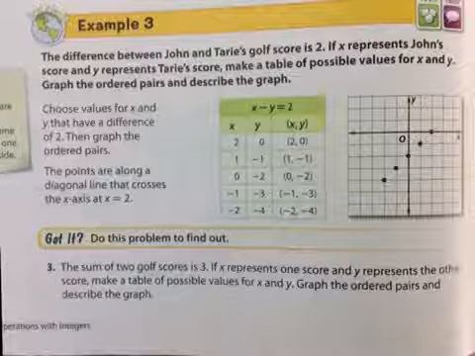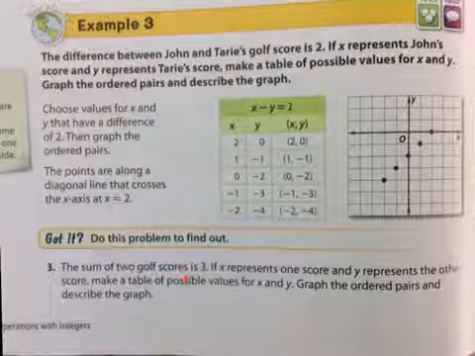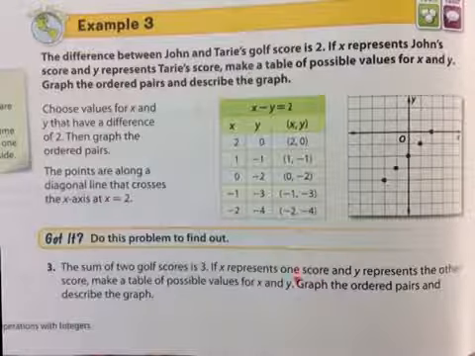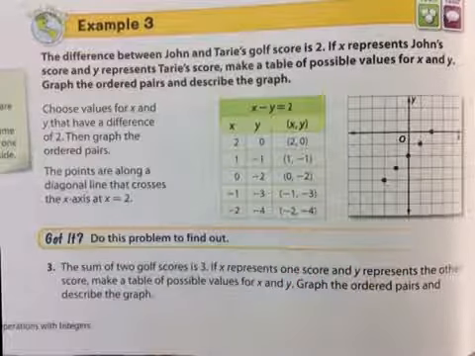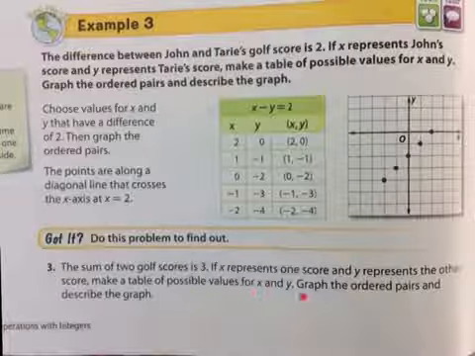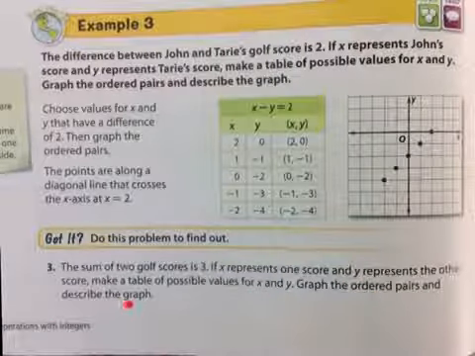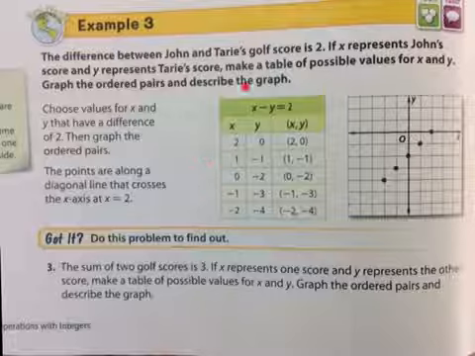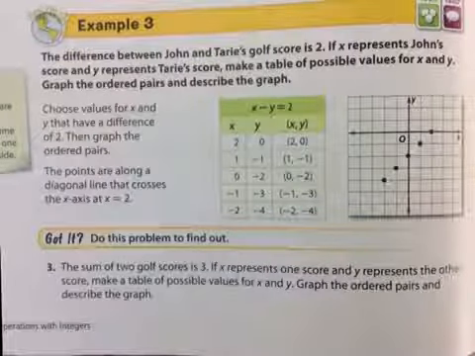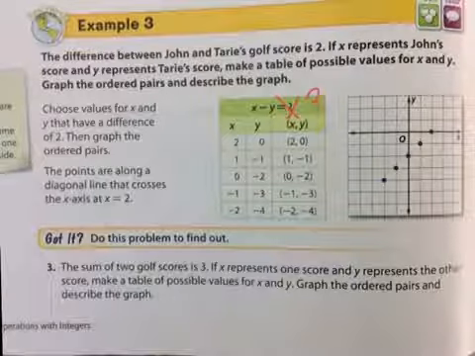Let's try number 3. The sum of 2 golf scores is 3. If x represents one score, and y represents the other score, make a table of possible values for x and y. Graph the ordered pairs and describe it. So, boys and girls, essentially do this, okay? But instead of equaling 2, it's going to equal 3.